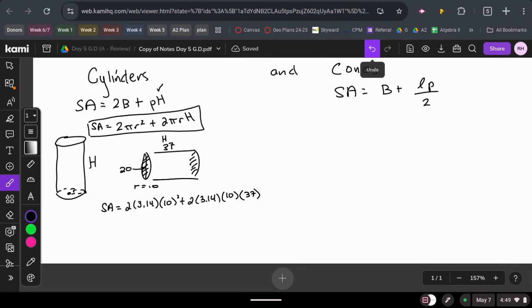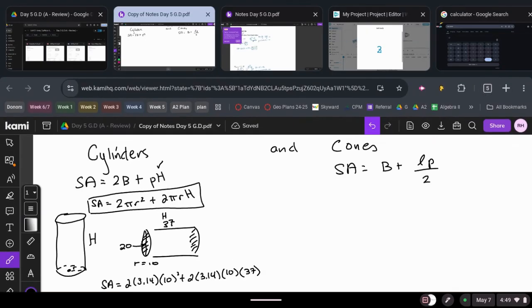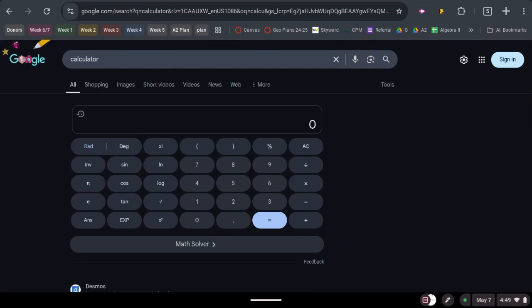So I'm going to use my Google calculator again. That's 10 and 37. So 2 times 3.14 times 10 squared, plus 2 times 3.14 times 10 times 37.